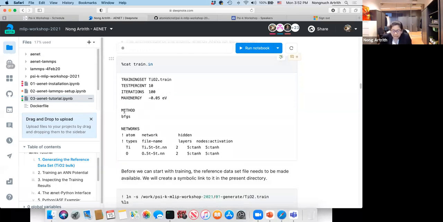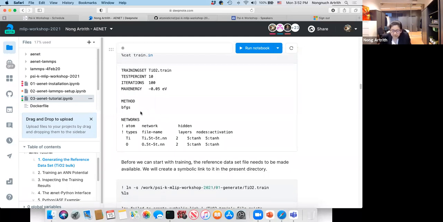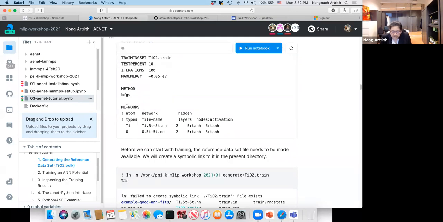We also provide many different methods, or algorithms, to minimize the parameters. In this workshop, we use BFGS because it is efficient and fast. We also have many others; you can take a look later in the init menu. Now for the network, we have to find ways to optimize the hyperparameters.